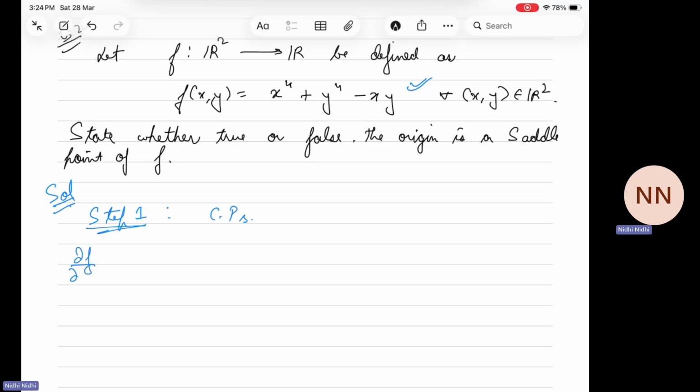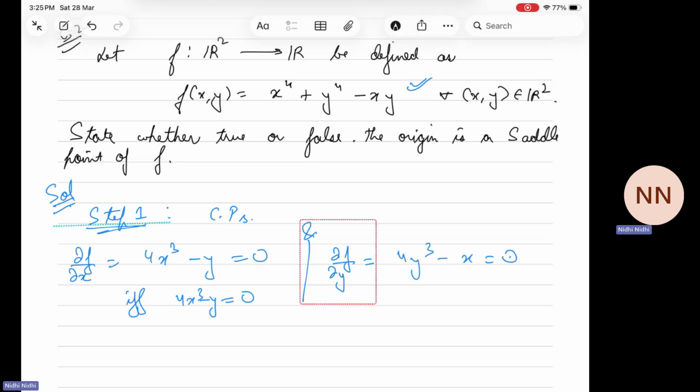So del f by del x is 4x cubed minus y, and this is 0 if and only if the points lie on the line 4x cubed minus y equals 0. Simultaneously, we should have del f by del y, which is 4y cubed minus x, equal to 0.